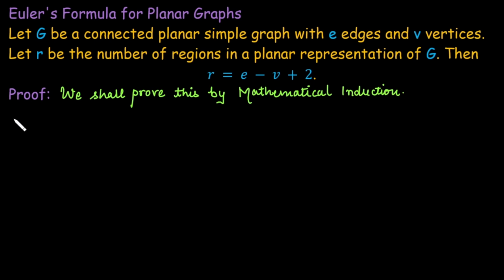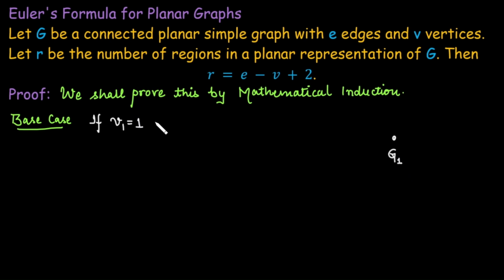For that, first we will take the base case. Base case means we will check whether this result is true for certain graphs, like starting with the graph. Graph means it consists of a non-empty vertex set and the edge set E. So let's suppose we have the graph G1 that contains only one vertex, where V1 represents the number of vertices in G1.